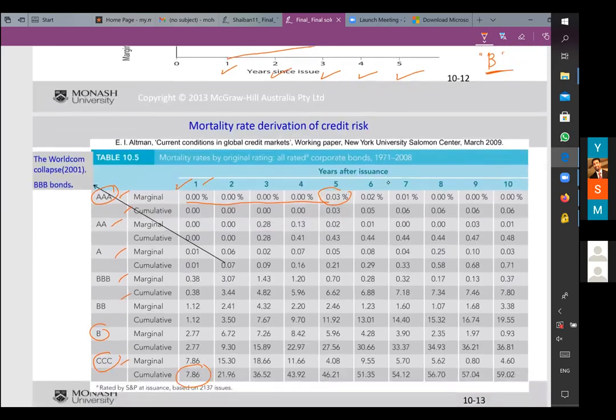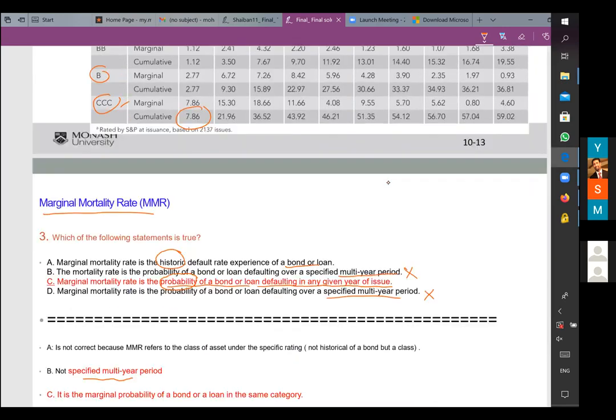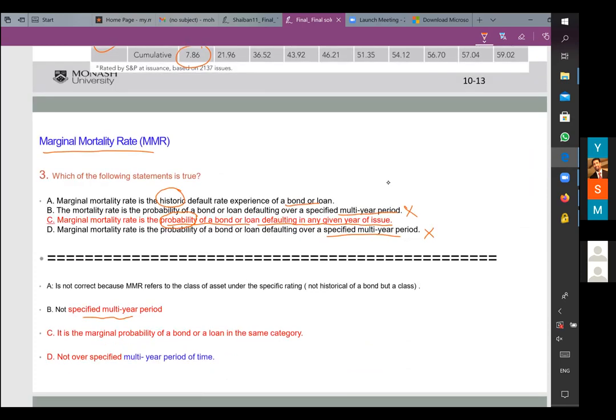What is the probability of defaulting for C, B? I need this information to use as a future indication, and therefore when we talk about the marginal mortality rate, we are talking about a probability. It is historical data, but it gives us a probability of the bond or loan defaulting over any given year issue in the future. So this is why we rejected A.